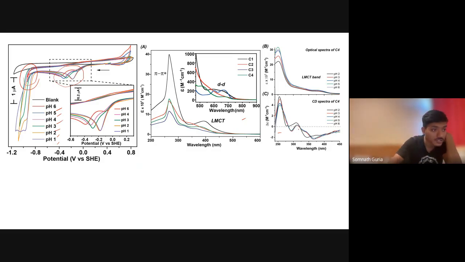If you decrease the pH from 6 to 5 to 4, there are no certain changes. Afterwards, around pH 3, there is a similar CD structure in the region of 450 nanometer to 250 nanometer. But at pH 2, there is a different CD spectrum.